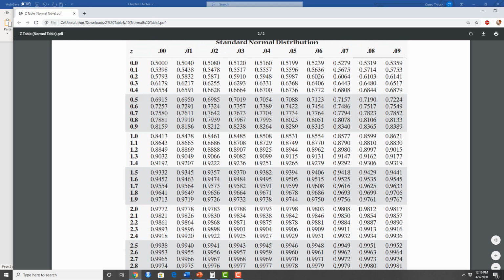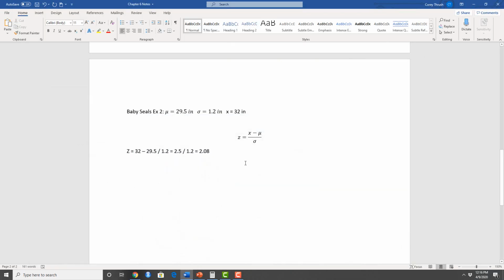Find the column that has the 0.08 in it, and there it is, 0.9812. So 98.2% of seal pups are born shorter than 32 inches.